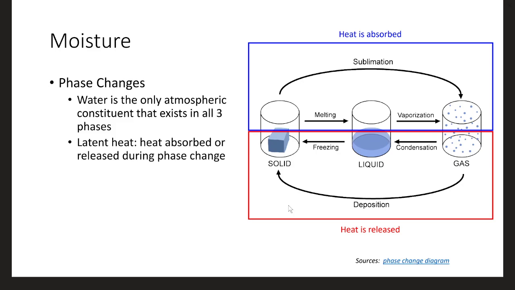There are two different types: latent, and another one I forgot the name of right now. We'll get to it. Sorry, I took weather and climate a really long time ago. But I remember latent is state. So latent heat means you are changing states.